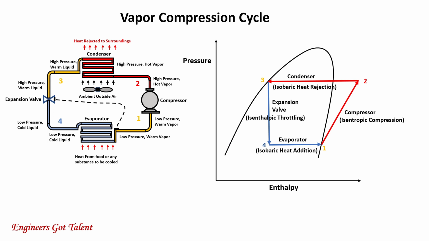Heat from the substances is absorbed by the cold refrigerant. While the heat is picked up, the refrigerant boils and evaporates and turns from liquid to saturated vapor at low pressure. The refrigerant exits the evaporator as saturated vapor, low pressure, warm vapor refrigerant. It is then sucked at the suction side of the compressor and the cycle repeats.